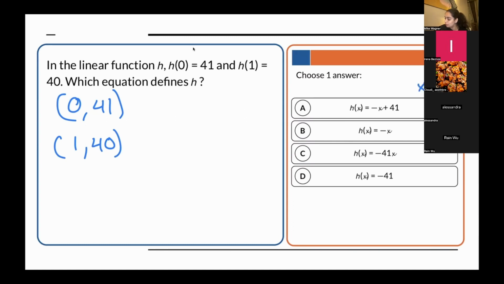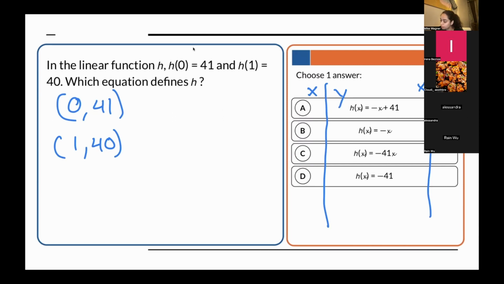So we can do x comma y. And honestly, we should do it for both solutions, 0, 41, and 1, 40.